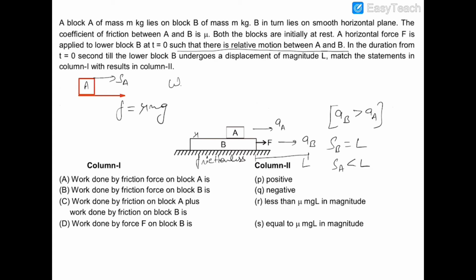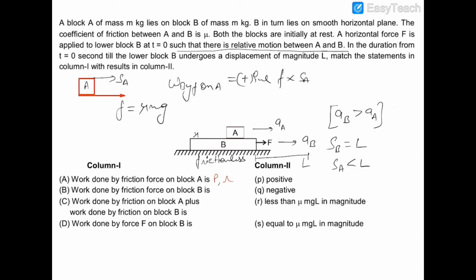And therefore work done by friction on A will be positive, you can see that, and will be F into SA, which is less than mu mgL, because SA is less than L. So the work done by friction on block A is positive, which is option number P, and it is also less than mu mgL in magnitude, which is option number R.